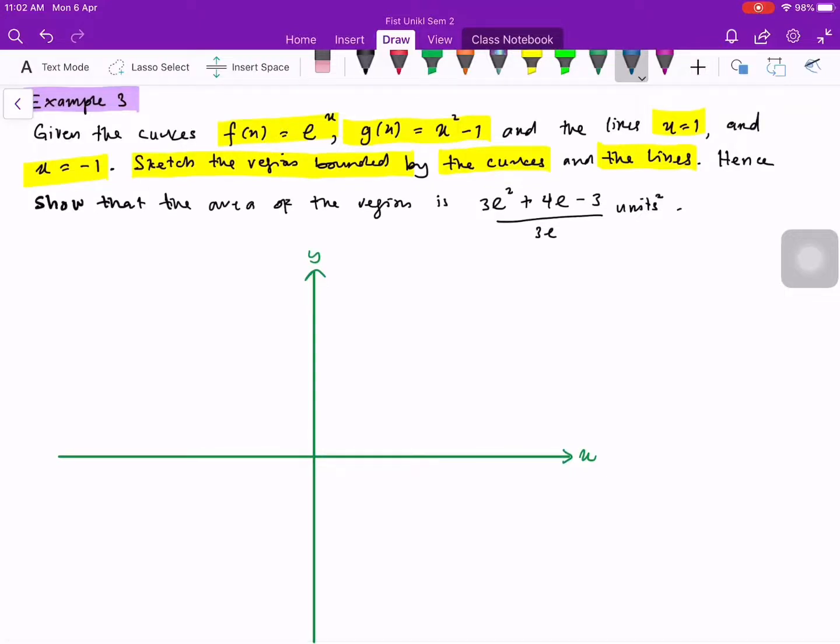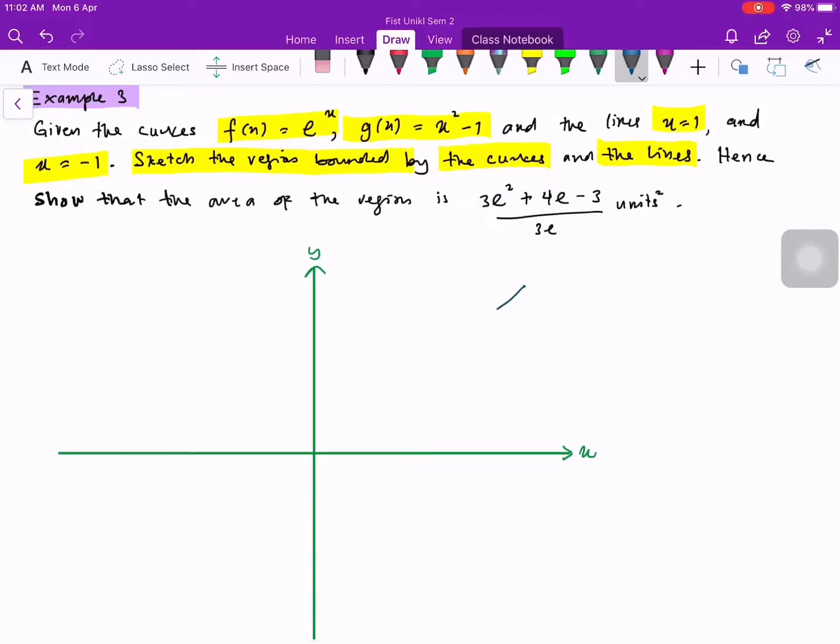Then we're going to sketch the graph of e to the power of x. Remember, e to the power of x is an exponent with base e, so we have this type of shape, with intercept 1 on the y-axis. This is e to the power of x.